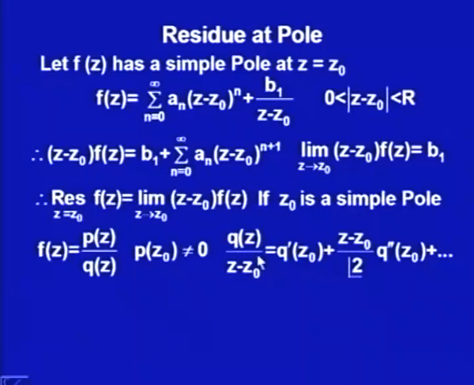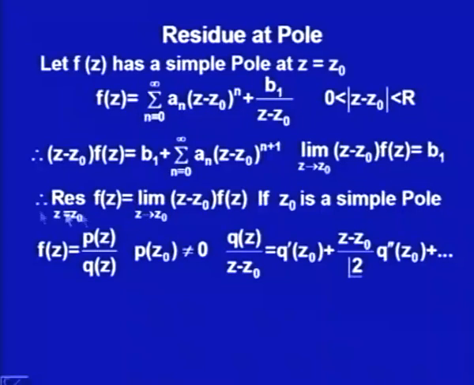Now I am writing the Taylor's expansion in a different manner, or rather dividing by z minus z naught. I would get q z upon z minus z naught as q dash z naught plus z minus z naught upon factorial 2 times q double dash z naught and so on. This is the Taylor's expansion of q z at z naught.